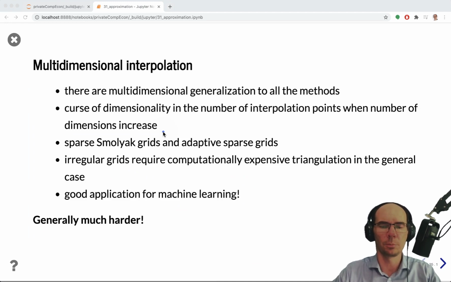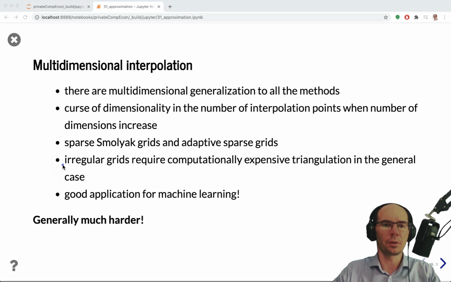just too computationally intensive. For higher dimensions, the sparse approach, Smolyak grids, which solve the curse of dimensionality problem with the number of interpolating points, are useful. And then adaptive grids, introduced recently to economics, are also a very powerful approach there.